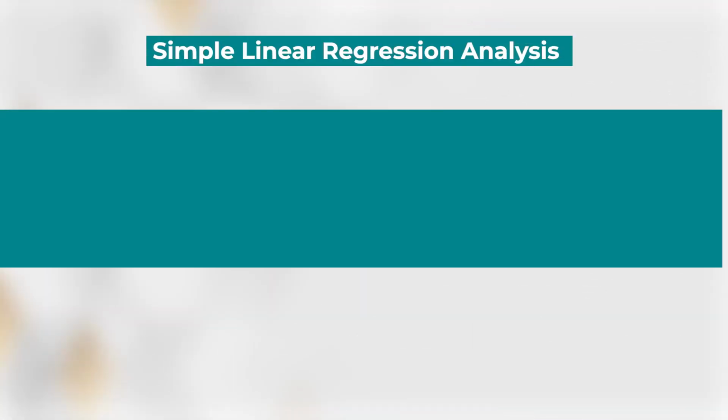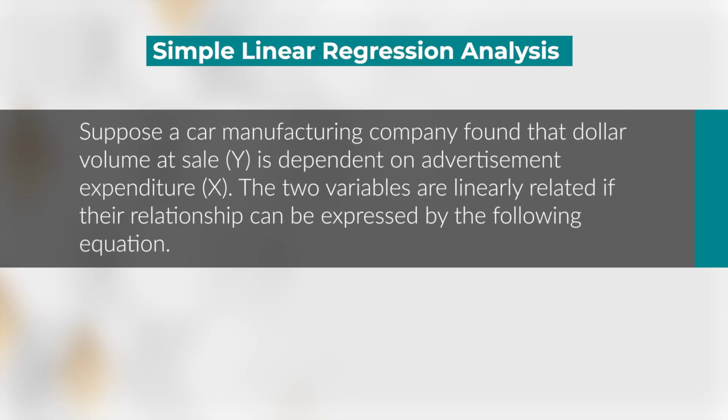So we have an example here. A car manufacturing company is finding that the dollar volume of sales is dependent on advertisement expenditure, and so we make an equation where y stands for the dependent variable and xi stands for the independent variable. So here y is the volume of sales and xi is the advertisement expenditure, alpha is the constant intercept, and beta is the slope.